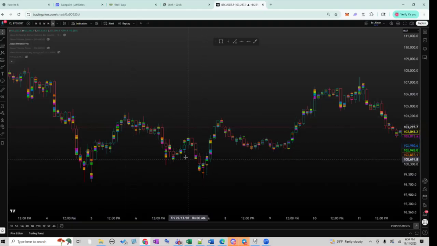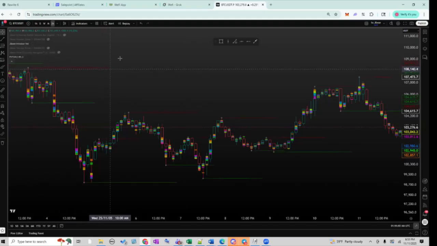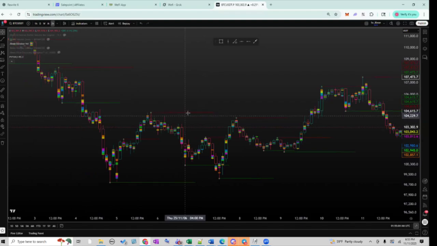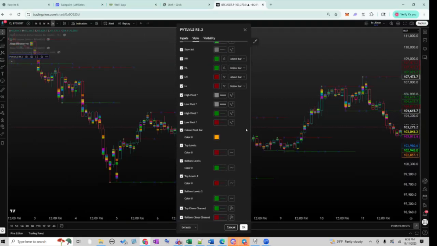And we use an indicator. It's a pivot points indicator. And is this hard for you guys to see, Kaz? These little red lines, I bet they're hard to see. So I'm going to double click on these here. And again, this is a function inside TradingView. I'm going to increase the line size so you guys can see them here, and maybe even lighten up the color a little bit.